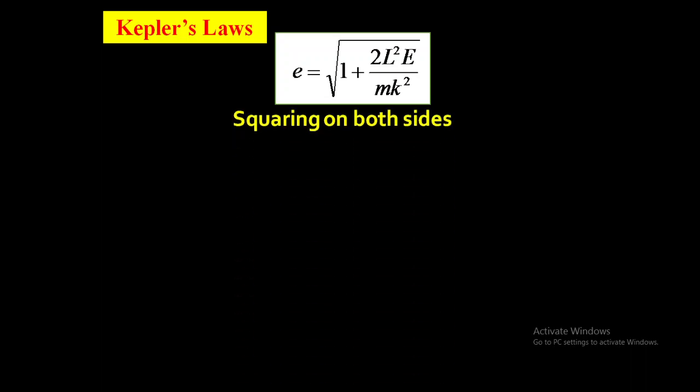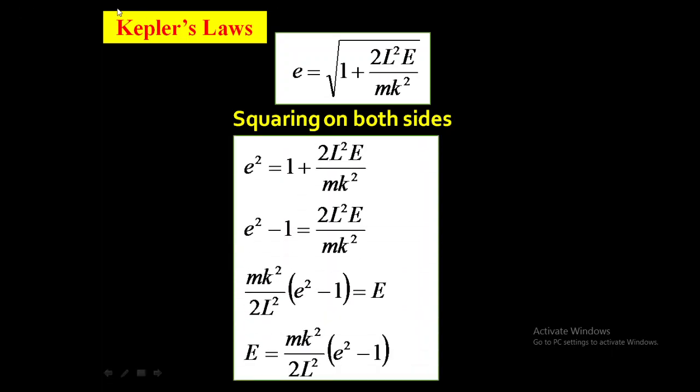Suppose we square this term on both sides. After squaring, e square is equal to 1 plus twice L square E upon mk square, since the square root got removed because of squaring on both sides. I will bring this 1 to the other side: e square minus 1 is equal to twice L square E by mk square.